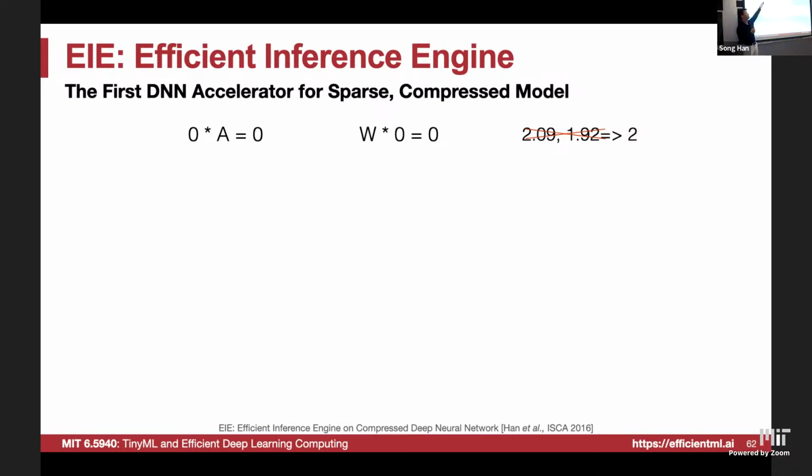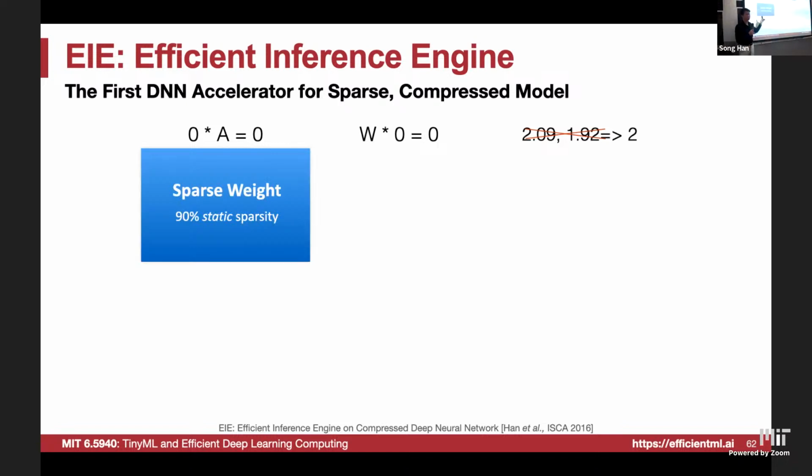If the weight is 0, then you don't have to multiply with the activation. If the activation, say after ReLU, is 0, then you don't have to multiply with the weight. And the third principle is that a neural network doesn't have to be precise. You can quantize it, you can approximate it, which we'll cover in the next lecture. That's the next lab as well, about quantization. For now, let's focus on these 2 parts.